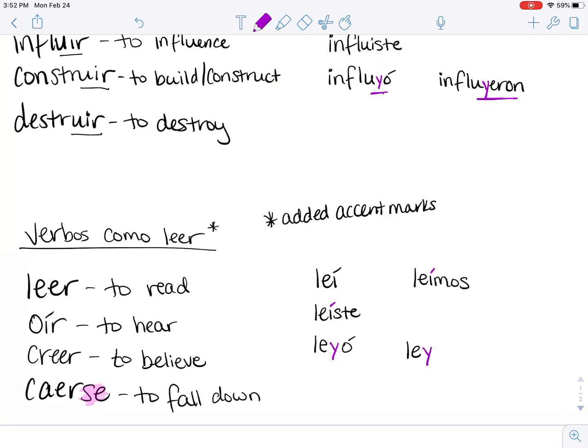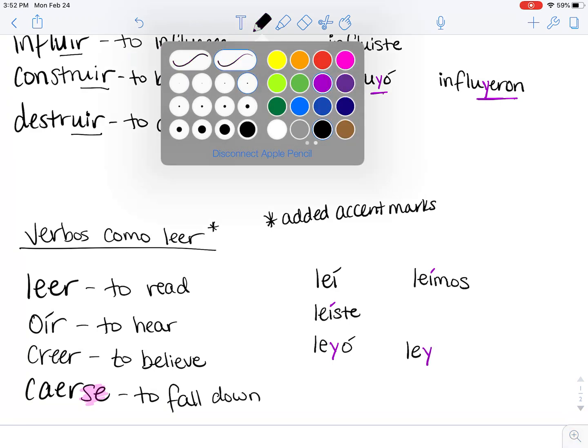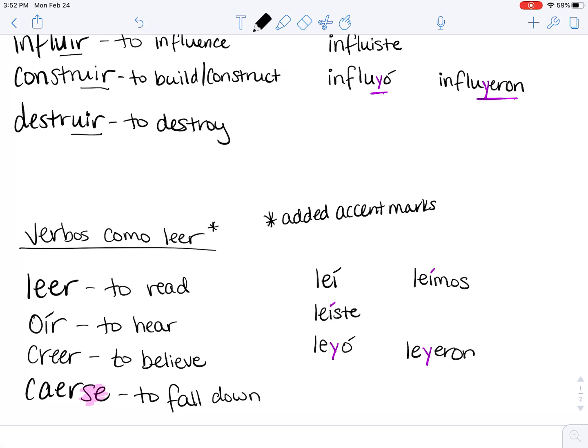Again, in our ending, we change the I to a Y, so we end up with leyeron. So yo leí, tú leíste, él, ella, usted leyó, nosotros leímos, ellos, ellas, ustedes leyeron.